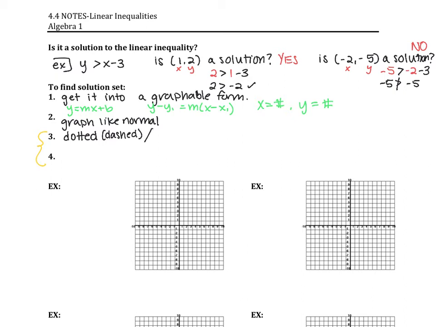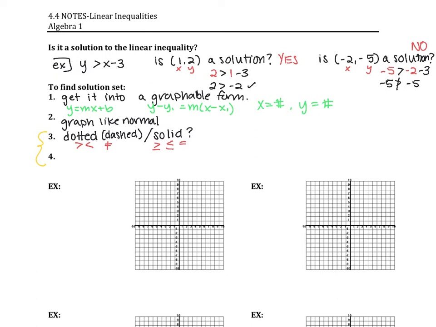Dashed or dotted means the same thing. Or solid. So you've got to ask yourself, is it going to be dotted or is it going to be solid? The way we determine that is based off of what inequality sign is there. If it's going to be dotted, then it's going to be greater than, less than, or not equal to. If it's going to be solid, it's going to be greater than or equal to, less than or equal to, or just equal to, because that is what we're used to graphing, a solid line.